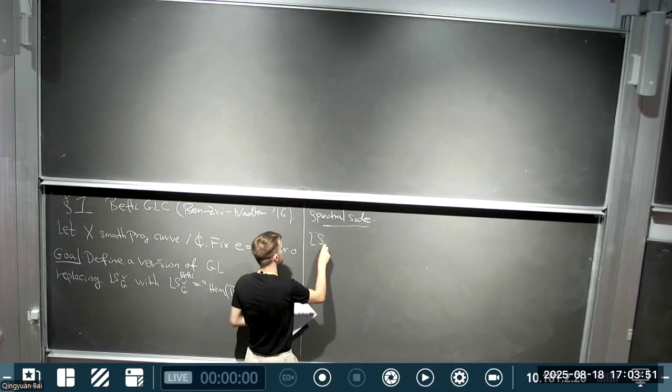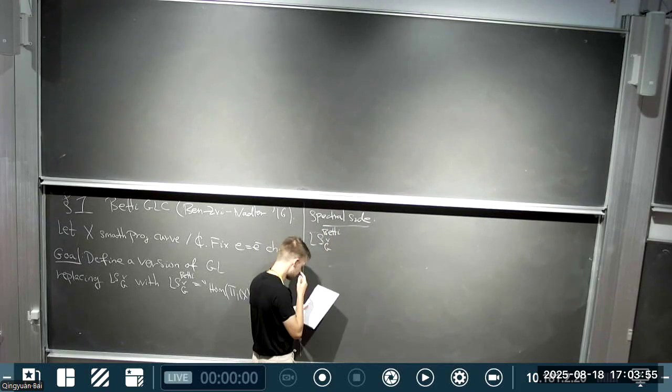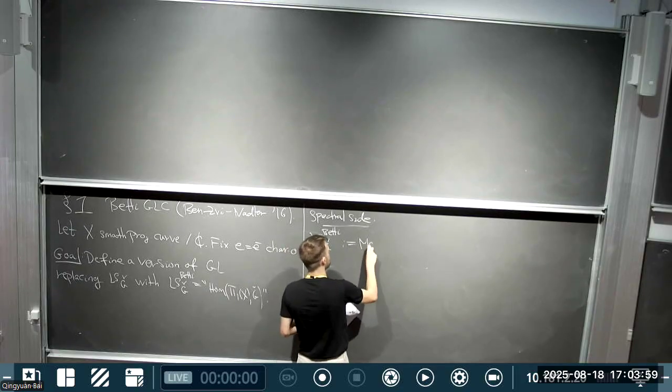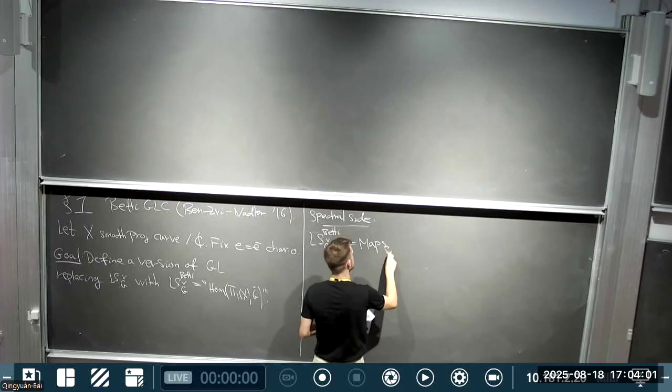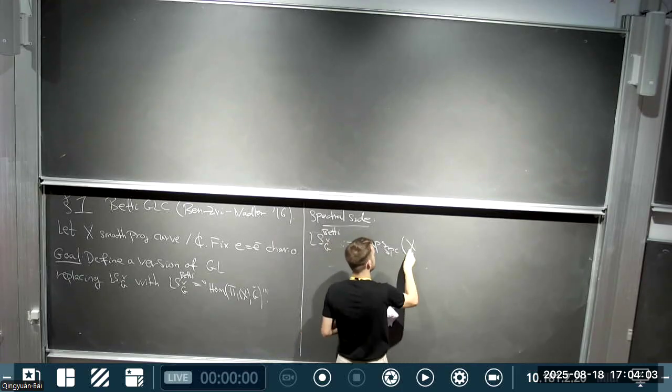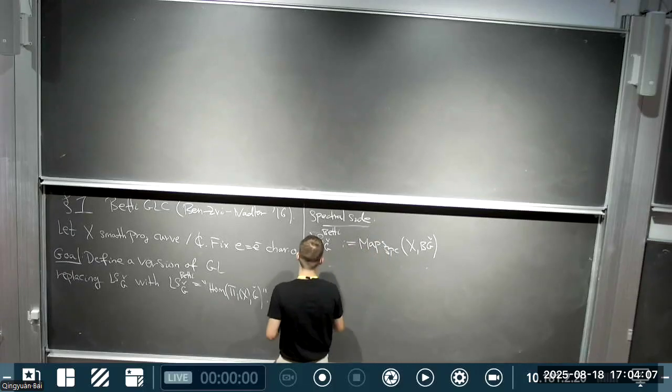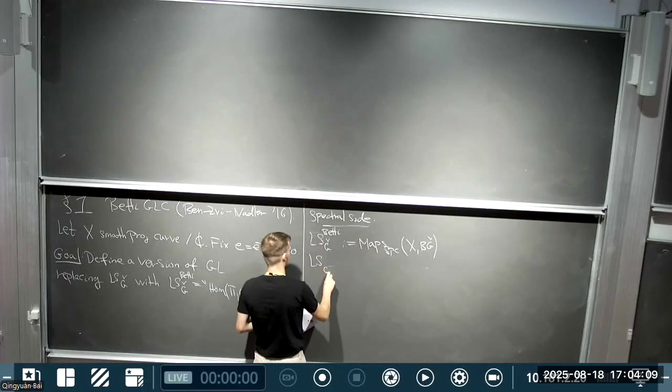So let's define the spectral and the automorphic side of the Betti geometric Langlands conjecture respectively. The stack LocSys G-check Betti is a space of maps of homotopy types from X to BG-check. Formally, I mean the following.